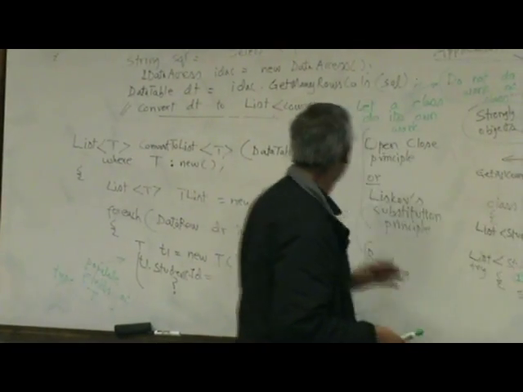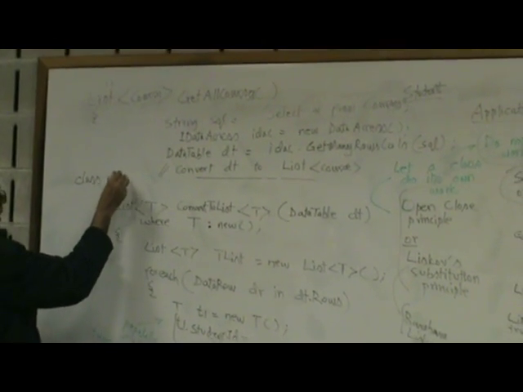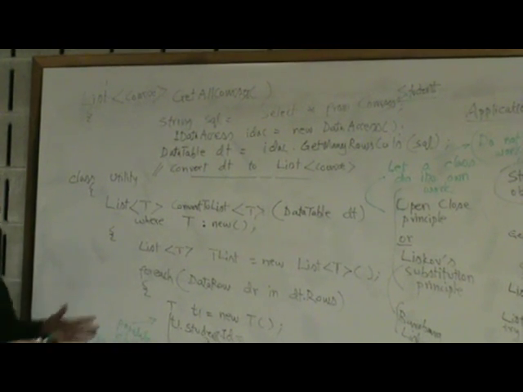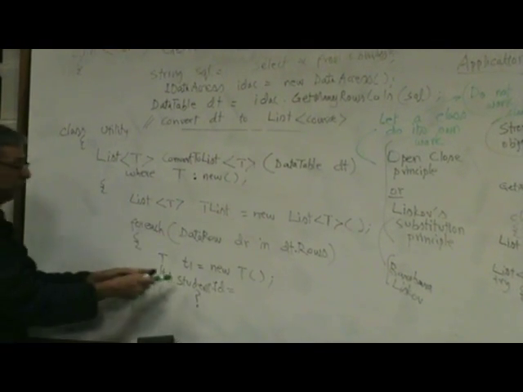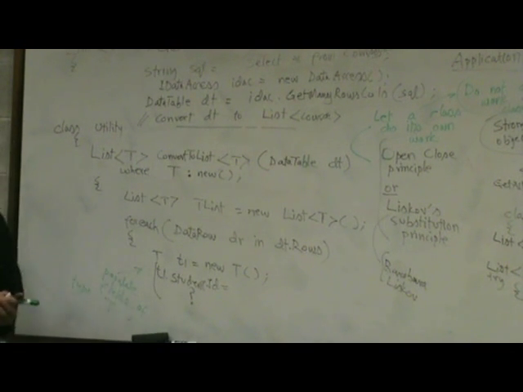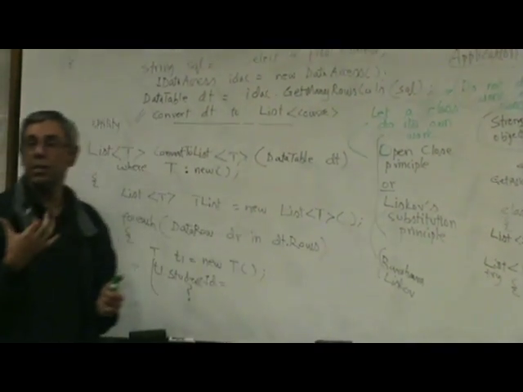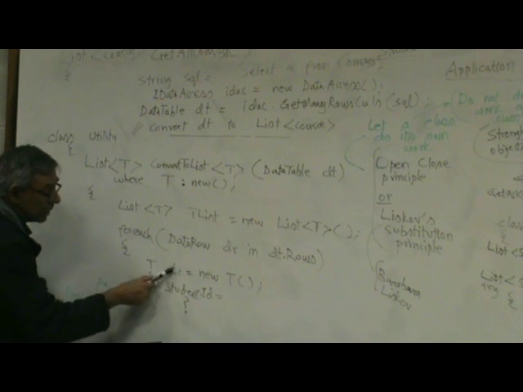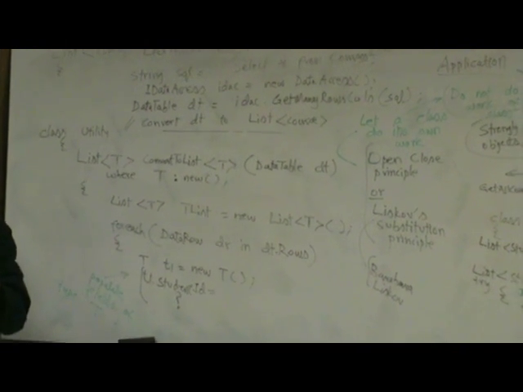Let's pretend we can write this method in a class called utility or something. So this class has nothing to do with the student class or the course class, right? However, we are trying to populate fields of student over here or fields of course over here. So that's the mistake we are making, or that's where we are violating the Liskov substitution principle. So if we needed to fill the fields of type T, we should ask type T to do it.